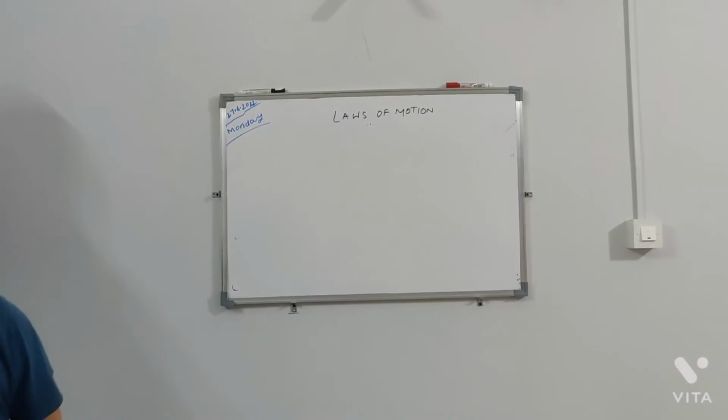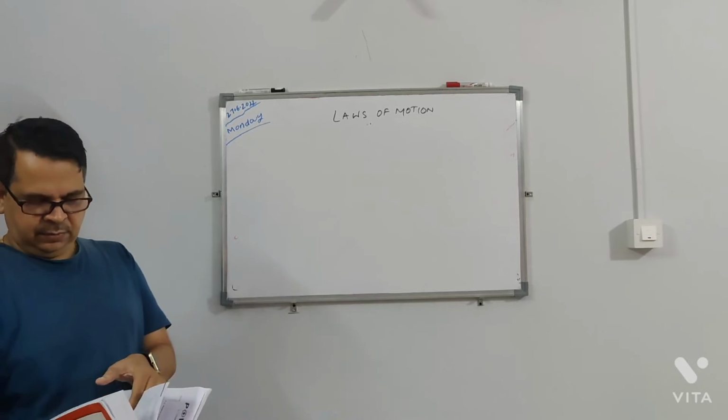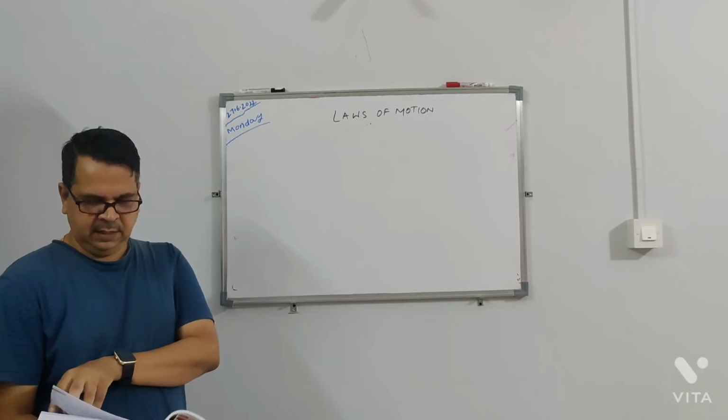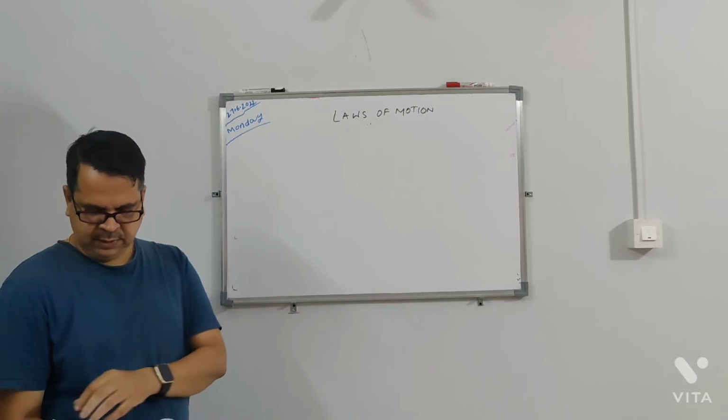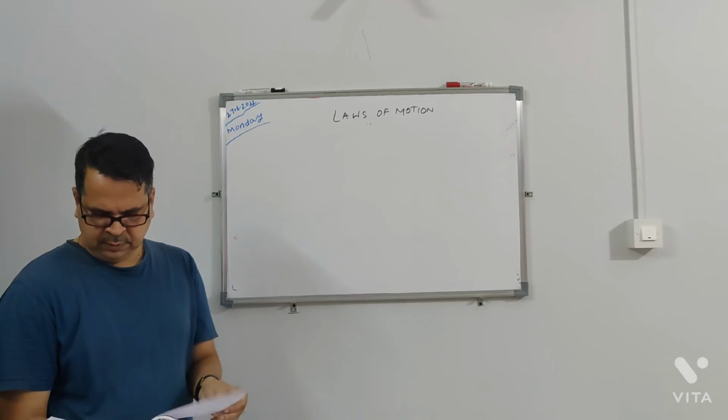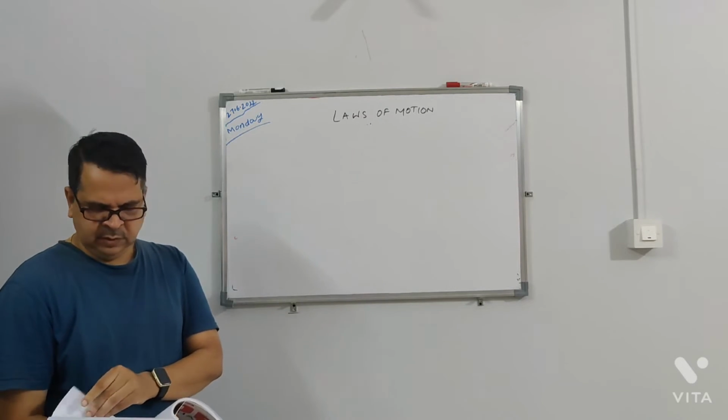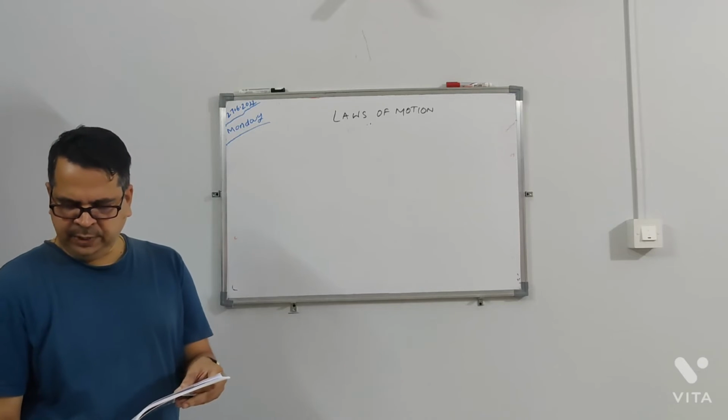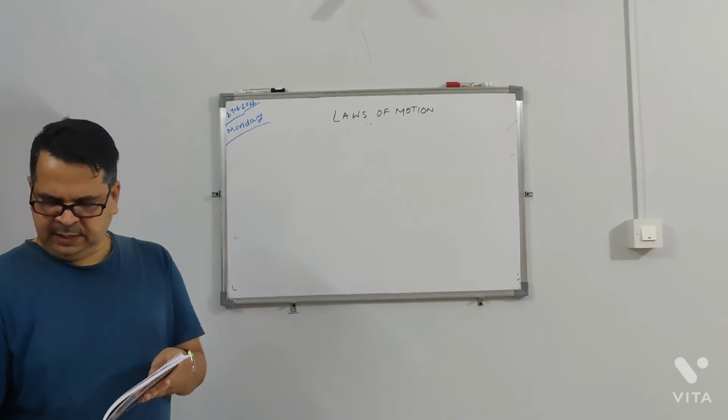There can be a good number of numericals related to apparent weight. One beautiful numerical is: a man weighing 60 kg is in a lift.